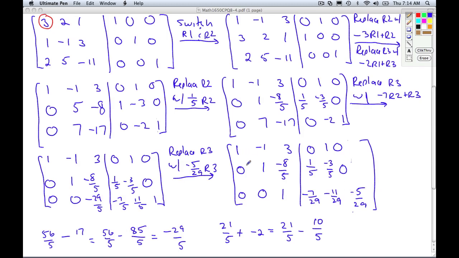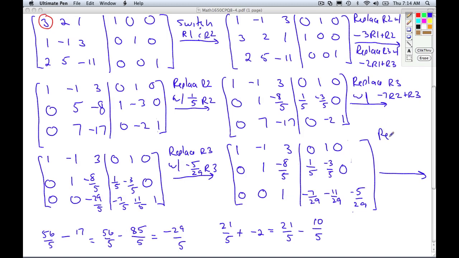Alright, so I've got my zeros here. Now I'm going to start working backwards. Starting with this one, I'm going to wipe out what's above it. And then I'll use this one to wipe out what's above it. To kill off what's above it, I've got to multiply this by 8/5 and add it.